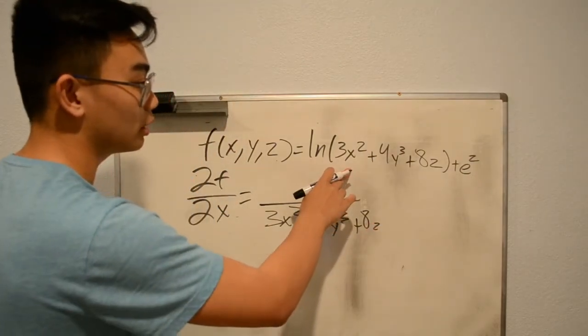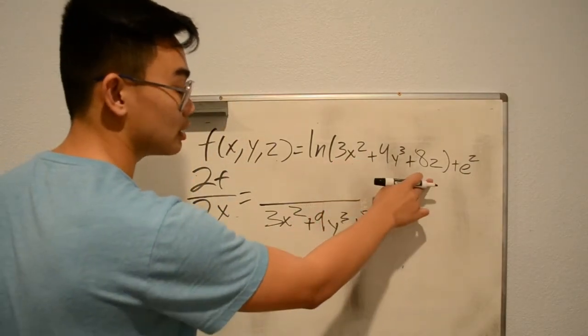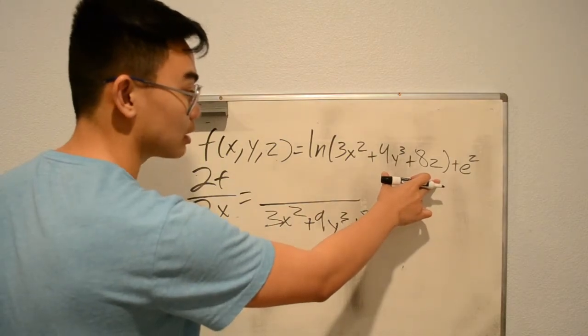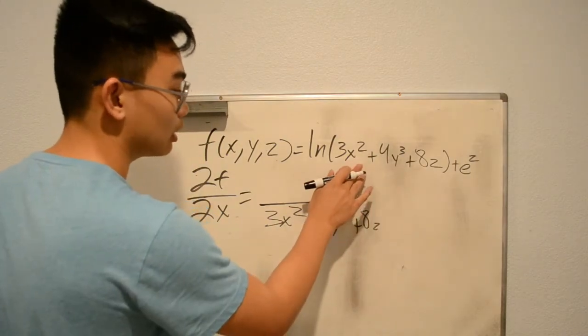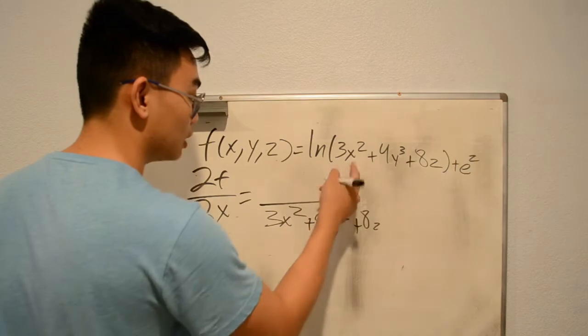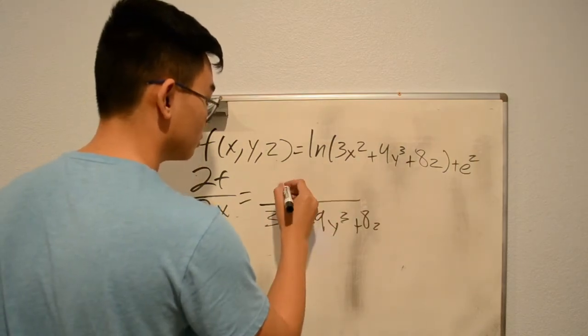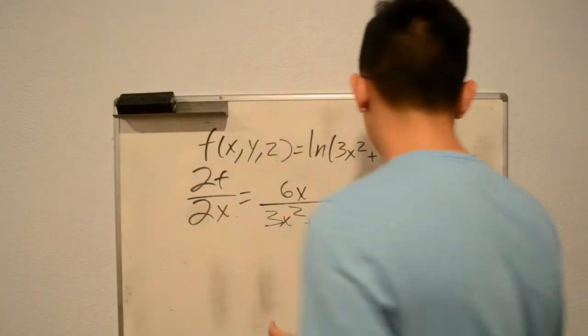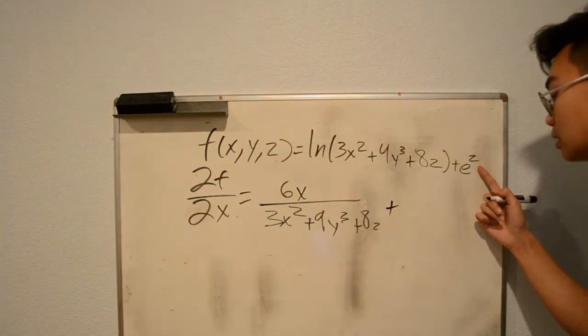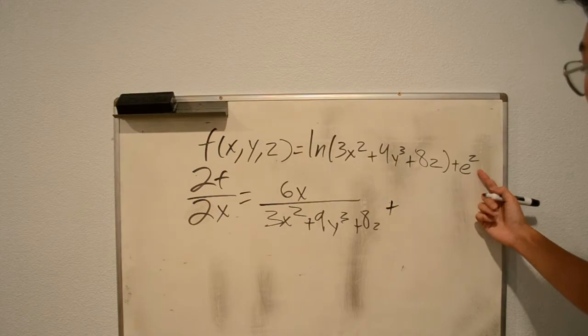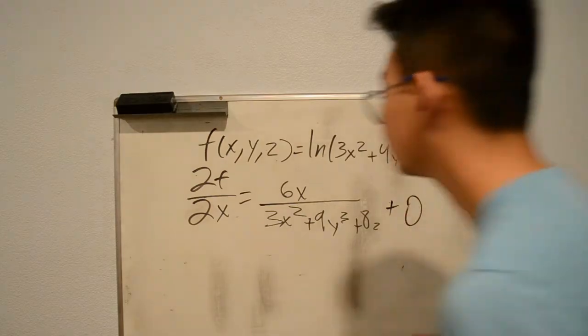Then remembering that the x and z are constants in this case, you only take the derivative of 3x, ending up with that. And then again, z is a constant, so this becomes 0.